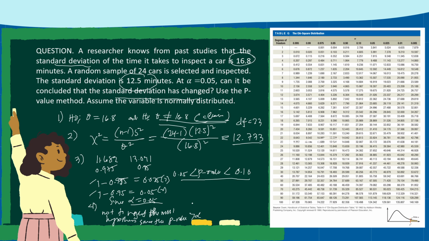If the p-value is greater than or equal to alpha, do not reject the null hypothesis.